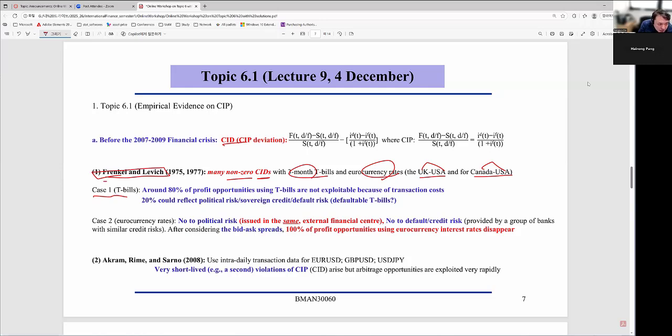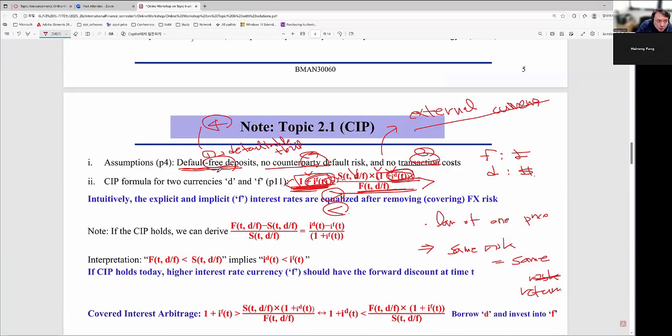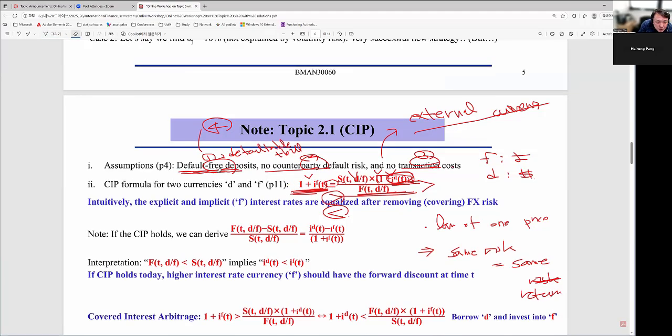But what they said is you shouldn't think about CIP violations so easily with T-bills, because you have to worry about political risk. You have to worry about default risk. If default risks are different, you need to take that into account. What I mean by that is, in these equations, what's going on?